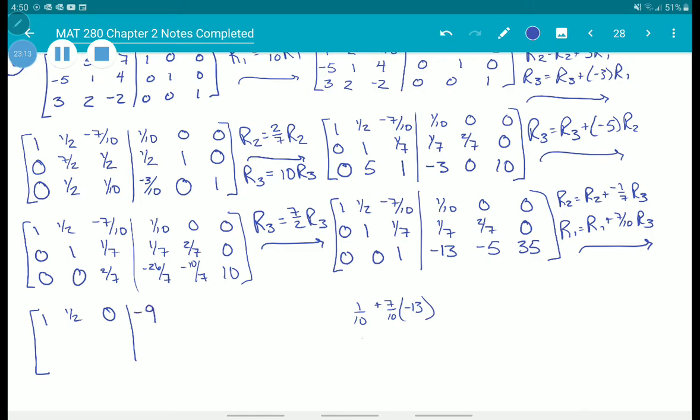And then we have 0 plus 7/10 times -5, which is -7/2. And then 0 plus 7/10 times 35 is 49/2.